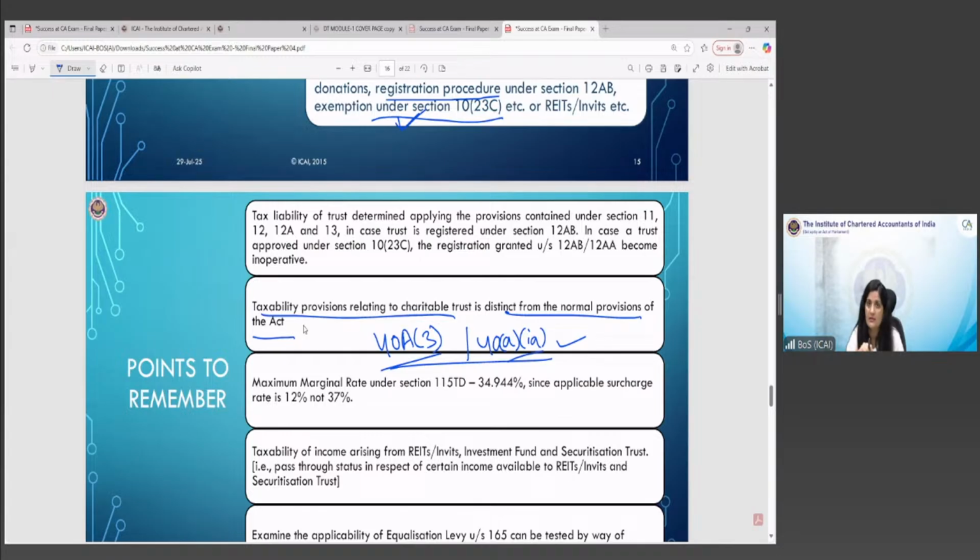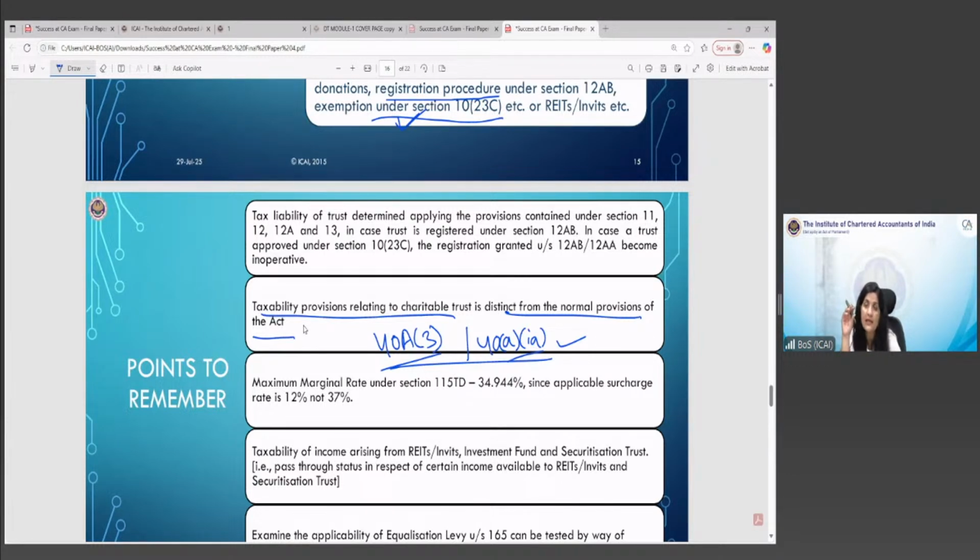If the trust is utilizing that sum for the purpose of a trustee, that will not be allowed as application in one hand, but that amount will be considered as specified income and would be taxed at a specific rate of 30%. Directly it will be taxable once you are not allowed to claim it as application of income, but it will be taxable at 30%.